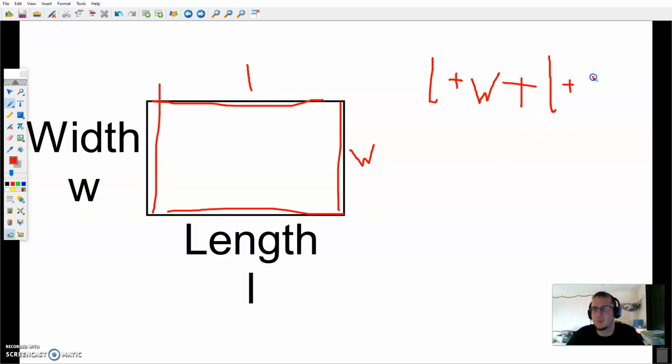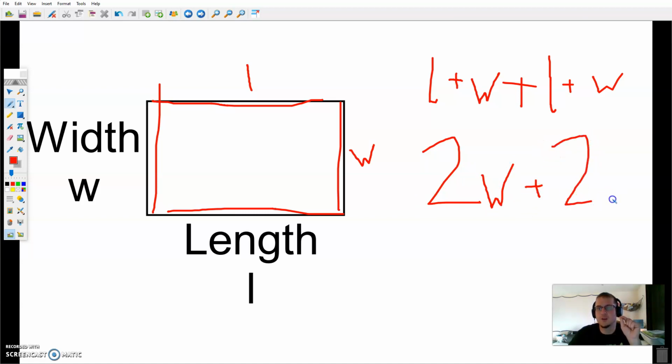So we have length plus width plus length plus width, or 2 times the width plus 2 times the length. 2 times length plus 2 times width, or length plus width plus length plus width.